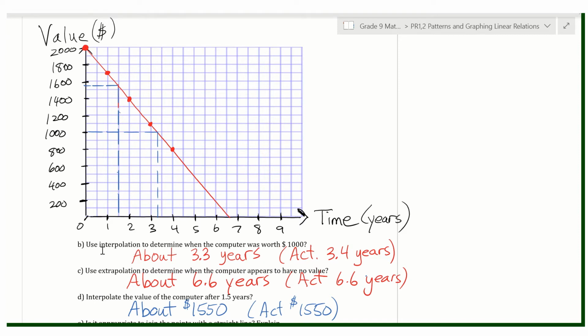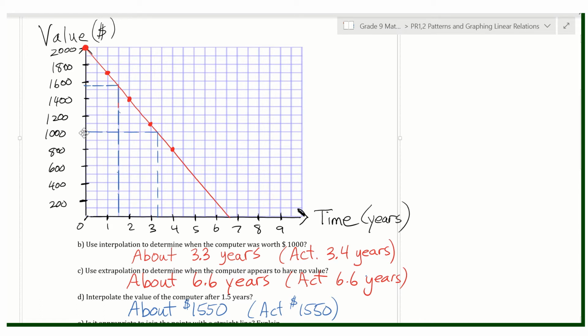Interpolation means reading between the points, not beyond the points, because that's extrapolation. So interpolation of 3.3 years. Notice I've got a dotted line at 3.3 years, and I drew that dotted line all the way up until I hit my straight line.